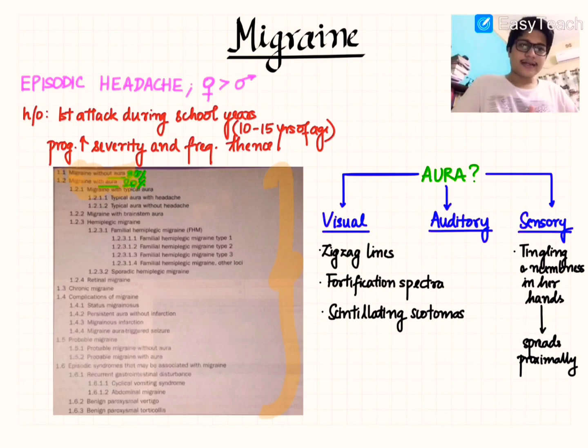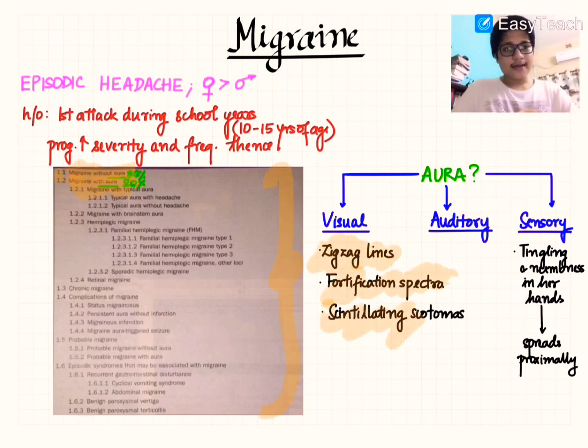So basically, aura in migraine has three facets. One is a visual facet, one is an auditory facet, and one is a sensory facet. This aura actually precedes the headache, and visual auras involve seeing zigzag lines, fortification spectra, and there can be scintillating scotomas as well.